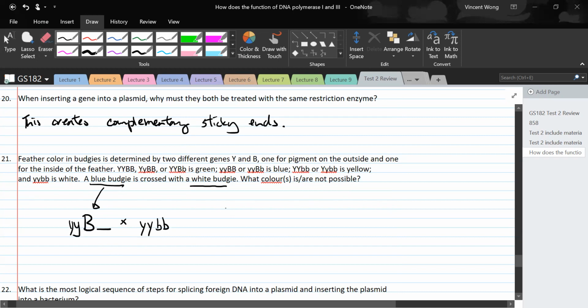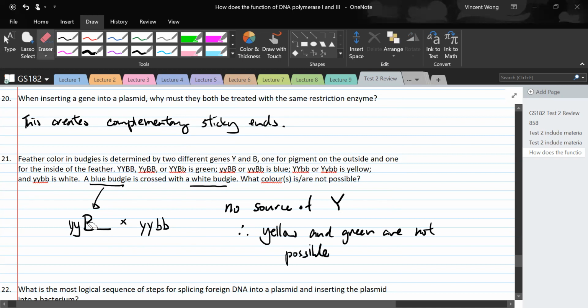So in this case, we have no source of big Y. Therefore, yellow is not possible. And also without big Y, you cannot make green, right? So yellow and green are not possible.